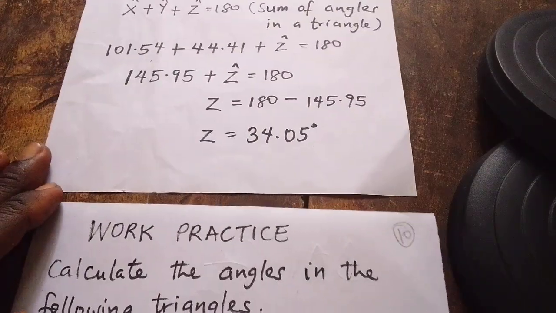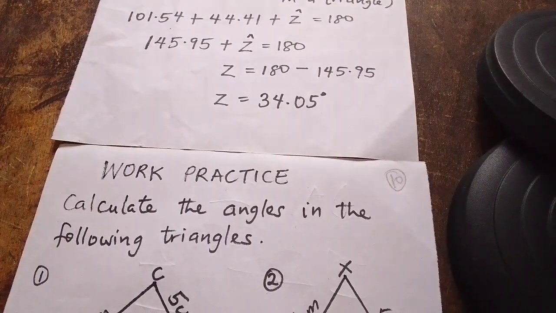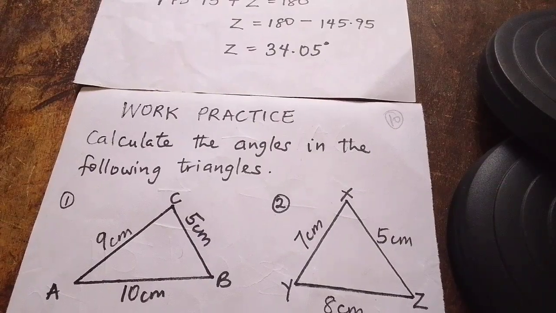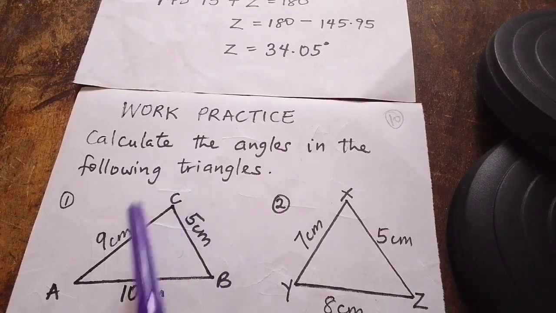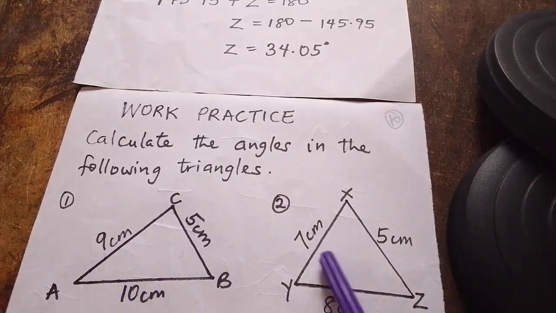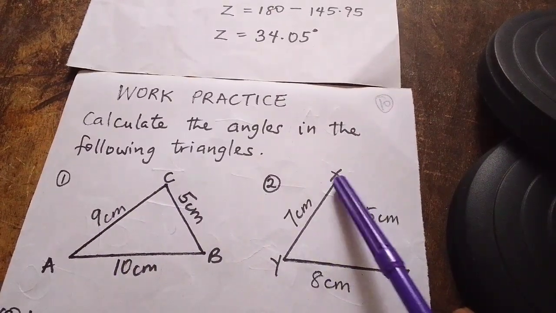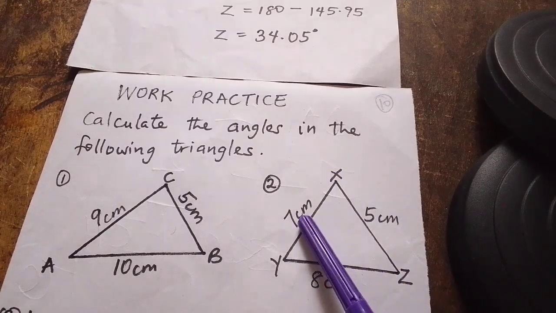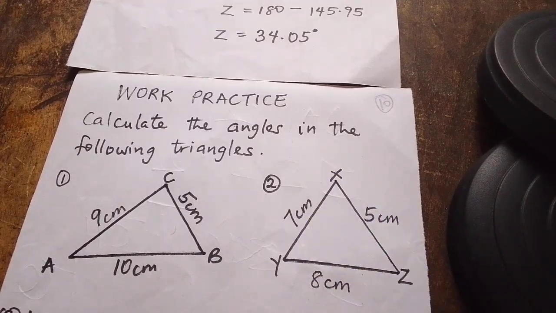So for the practice work, you are going to have this. Calculate the angles in the following triangles. For this first triangle, we have triangle ABC. This side is 10, this is 5 cm, and this is 9 cm. For this triangle, we have triangle XYZ. This side is 8 cm, 7 cm, 5 cm.